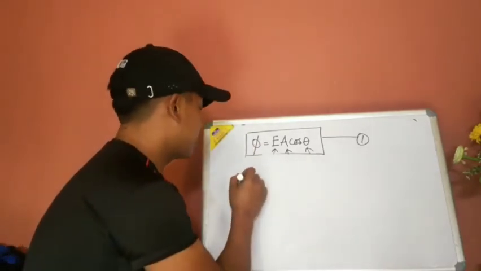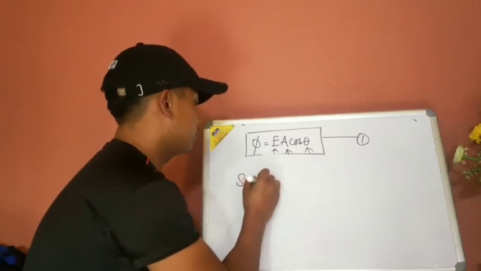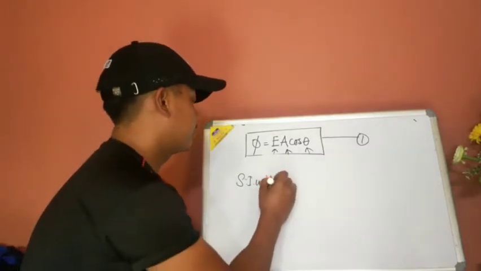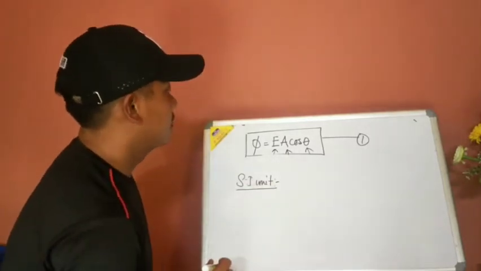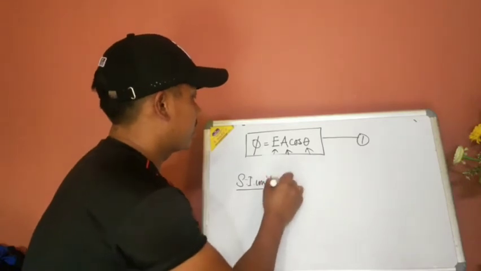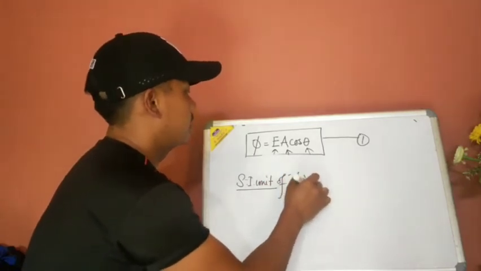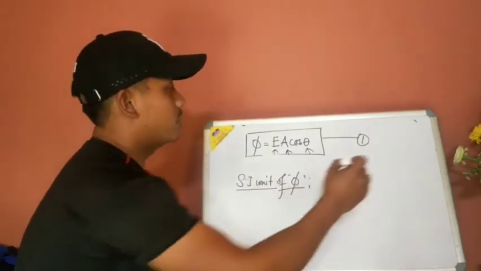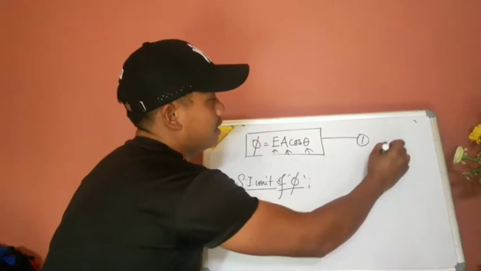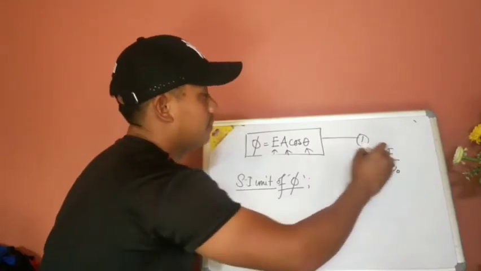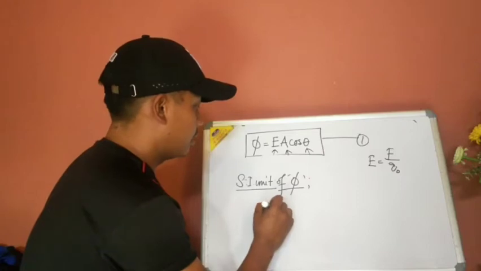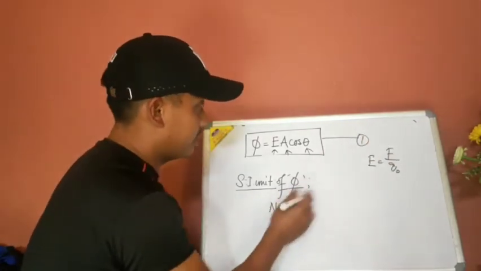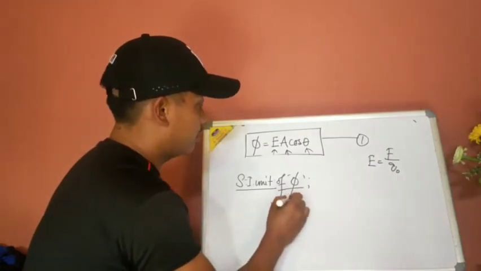Now let us think about the SI unit of phi. Now electric field unit, you try to recall: electric field is force by test charge, and the unit is Newton per coulomb.